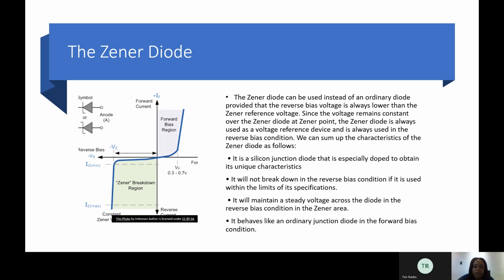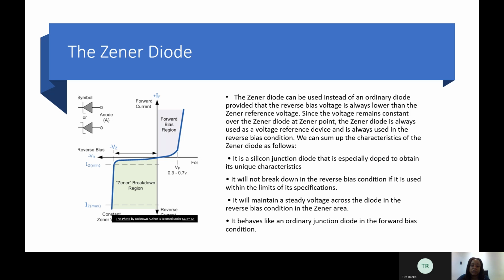It's a silicon junction diode that is especially doped to obtain its unique characteristic. Yesterday we talked about doping and its purpose: doping is used to change the characteristics of a semiconductor material, to make p-type and n-type material so that we can put them together and have a p-n junction, a diode.